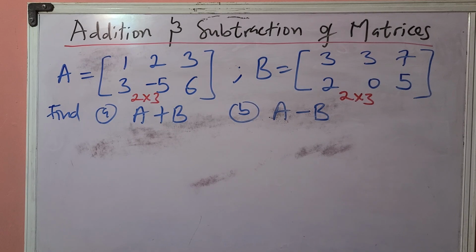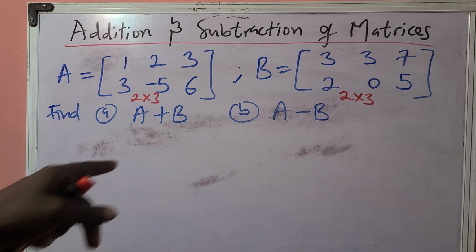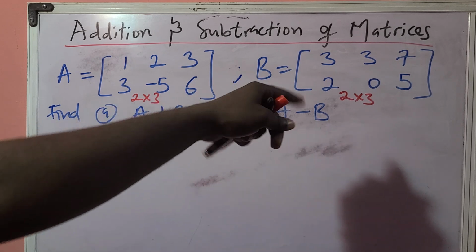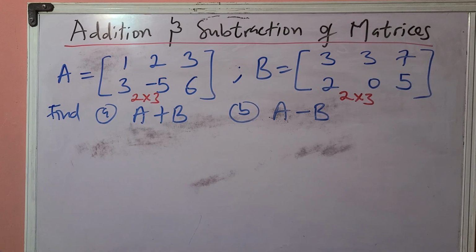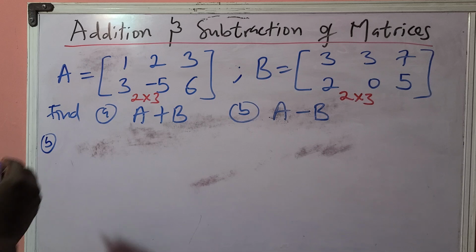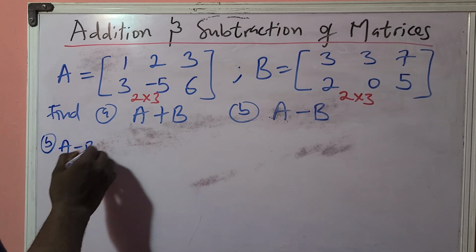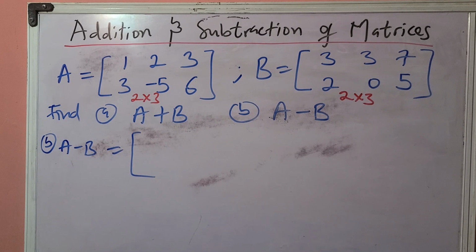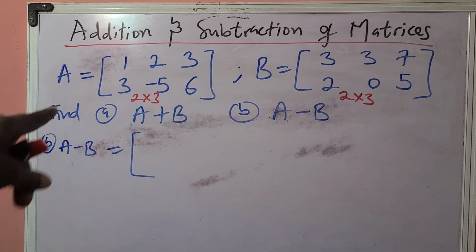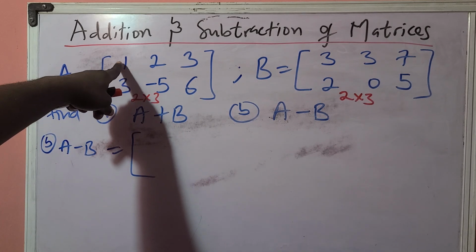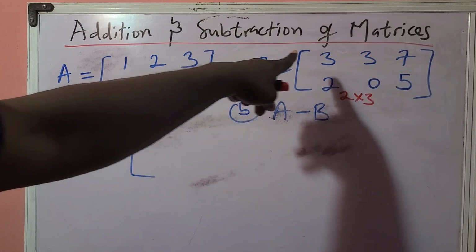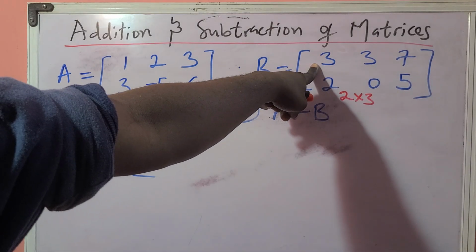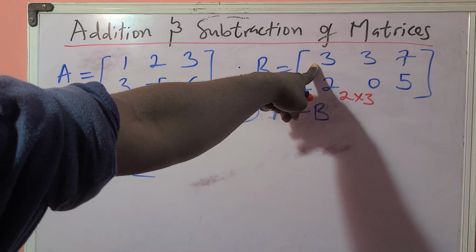All right, let's try and solve for the matrix subtraction. The same rule applies to subtraction, just similar to addition, where you must have the same dimension before you can subtract. So for matrix subtraction, A minus B, you will have to pick up the same value here, that means row 1, column 1 here, and make the subtraction from row 1, column 1 here also.